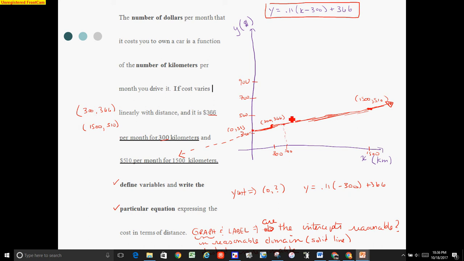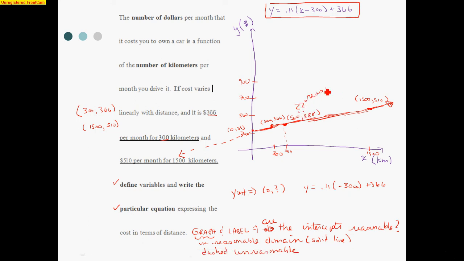Is it reasonable that there would be a point on my model at 500? No, you don't have to put these new ones on there. I'm just asking you a visual. Is this reasonable? Yes, it is reasonable.